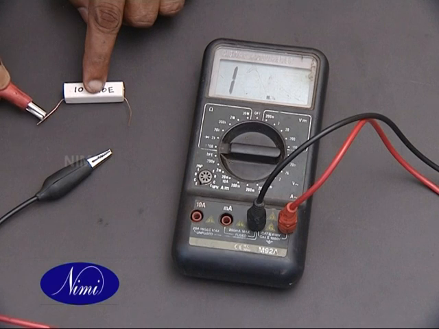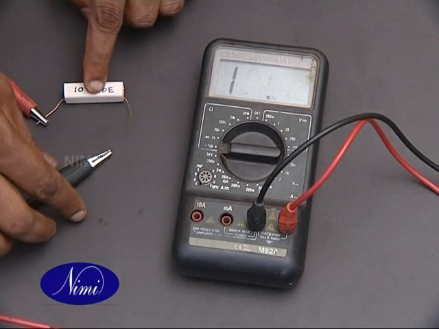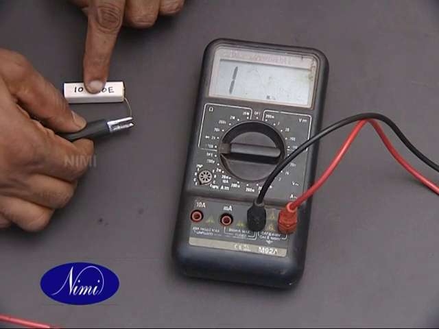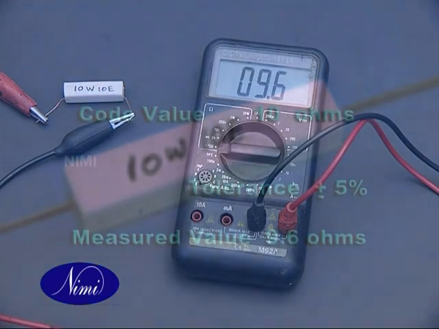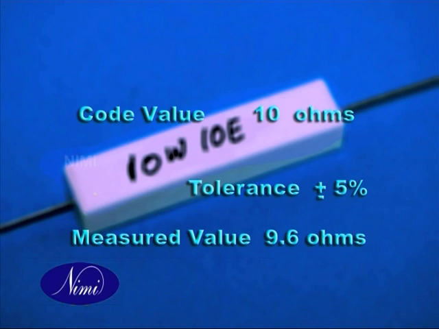Now we touch both ends with the multimeter probes. The meter indicates 9.6 ohms. The code value of the resistor is 10 ohms and the tolerance is plus or minus 5%. The measured value is 9.6 ohms. The resistor is good.